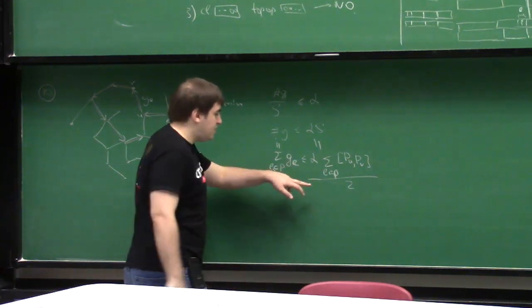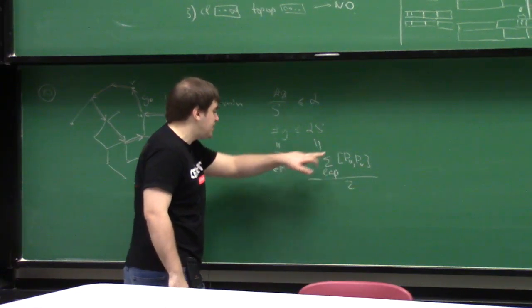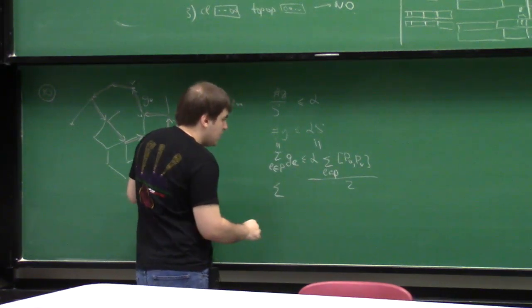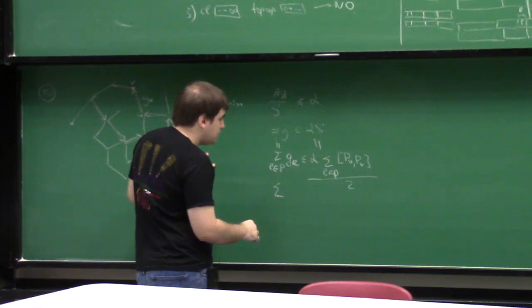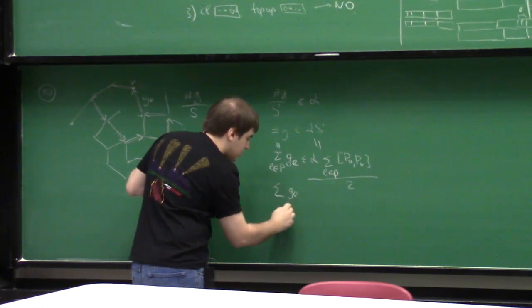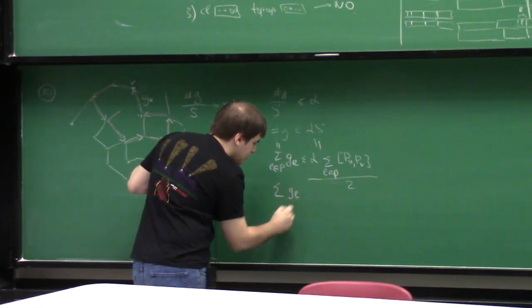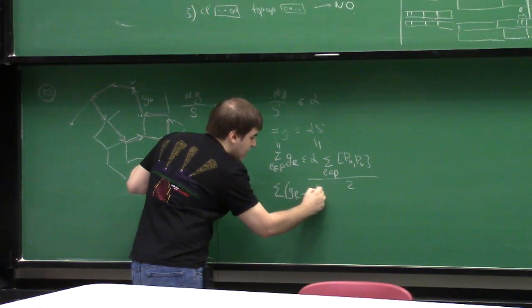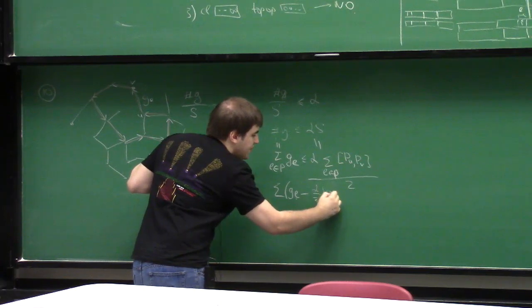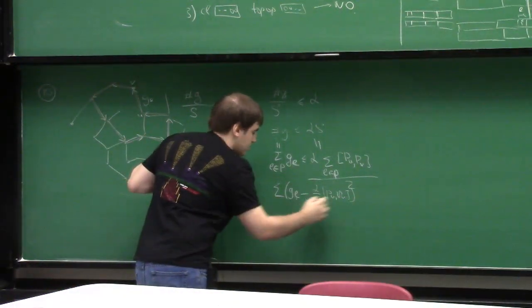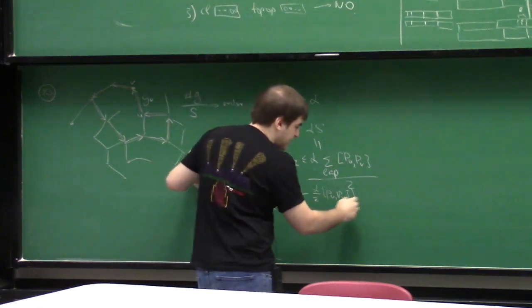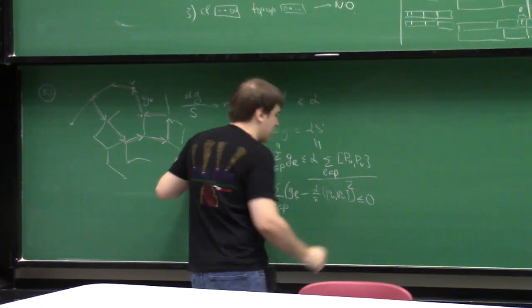Let's bring everything that is here over here. Alpha GE minus alpha divided by 2 PU PV, summed over all edges of the path P, of the polygon P, is smaller or equal to 0.